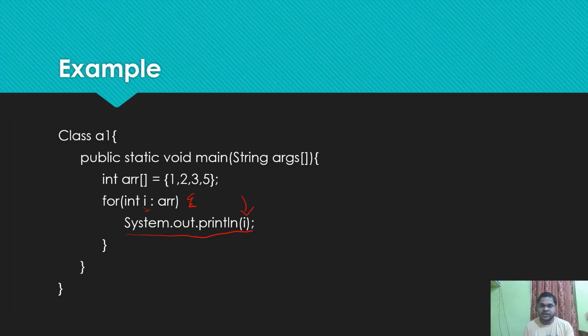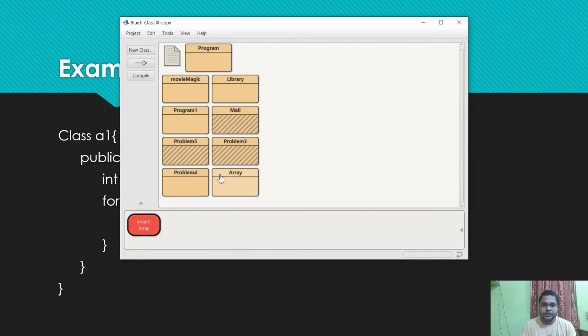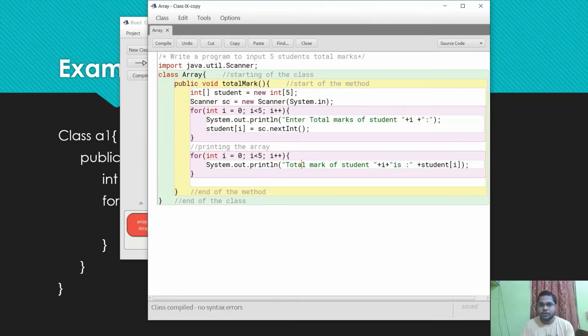Okay, so let's do a quick program using the for each loop. Here I take the same example, just instead of the for loop I am using the for each loop, or you can say the enhanced for loop. Enhanced version of your for loop. How to do that? Simple.